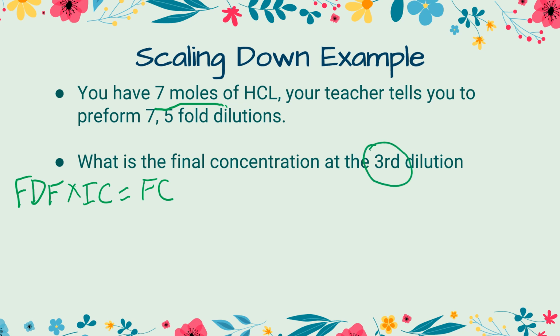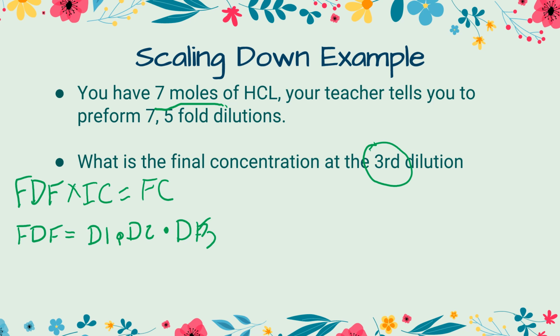So we want it to the third dilution. So final dilution factor equals dilution factor 1 times dilution factor 2 times dilution factor 3.